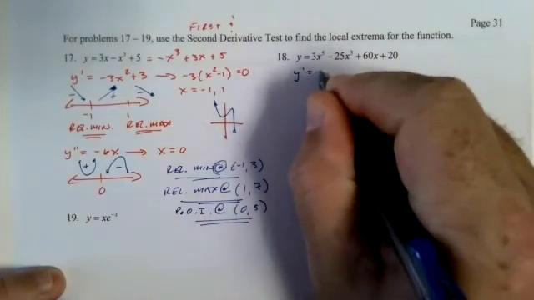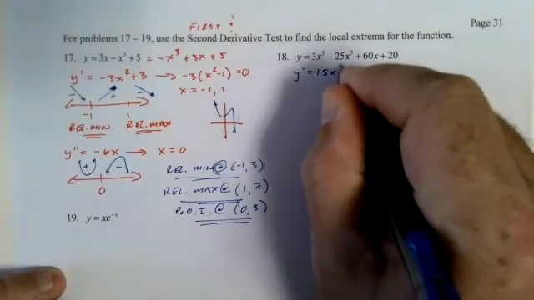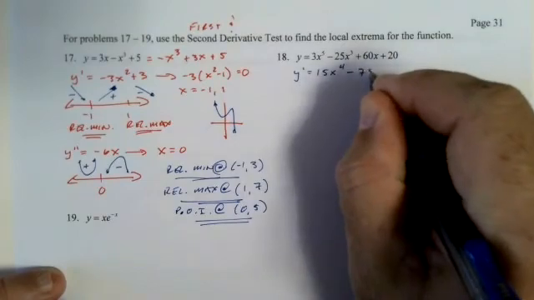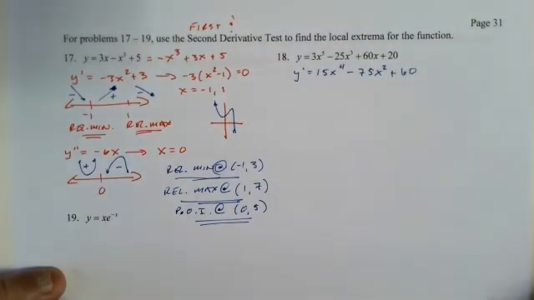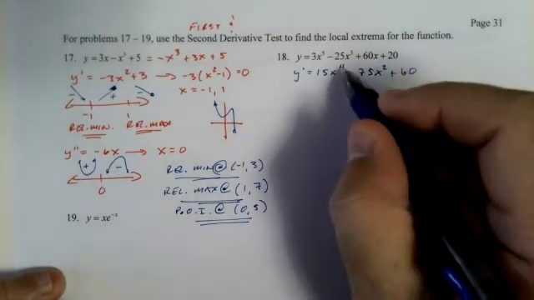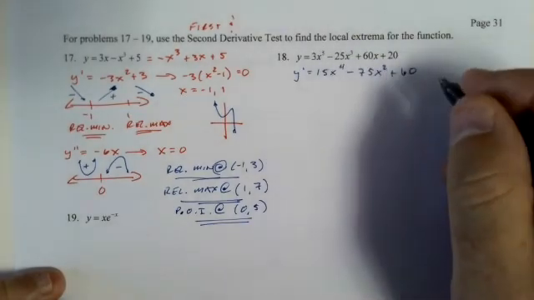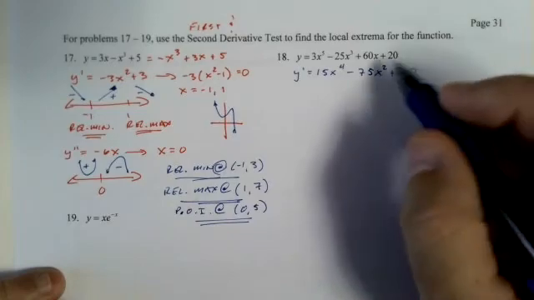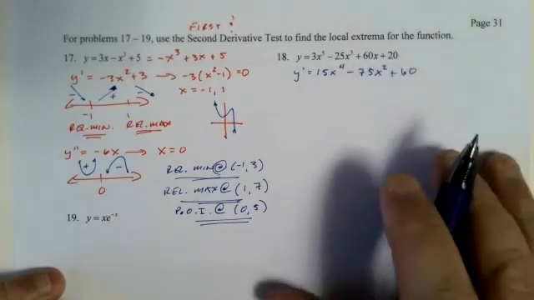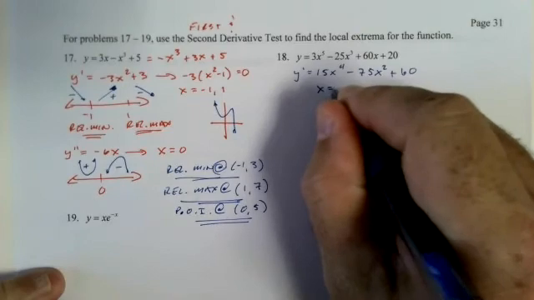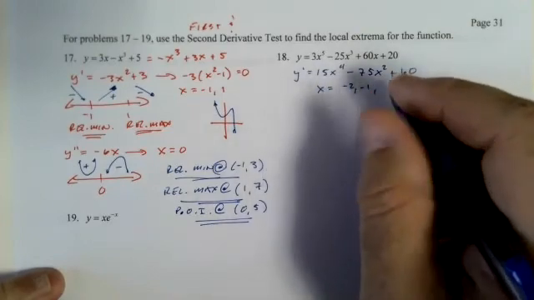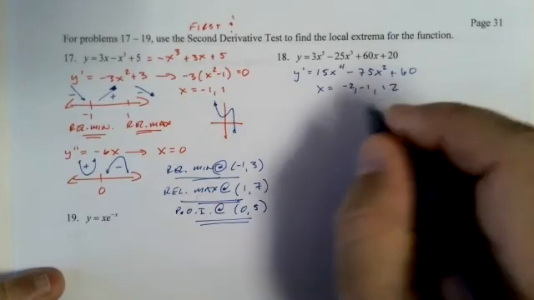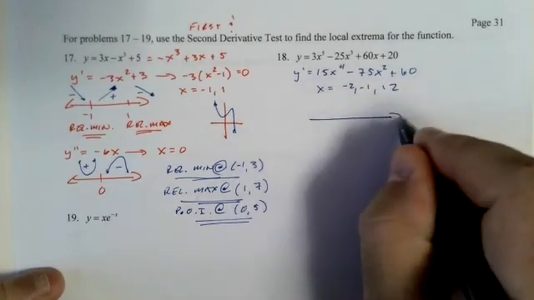Y prime equals 15x to the 4th minus 75x squared plus 60. I'm not going to do the work here. There's going to be up to 4 of these. There are 4 of these. We can factor and then graph it. It doesn't matter. So we're going to have x equals -2, -1, 1 and 2. Number line them.